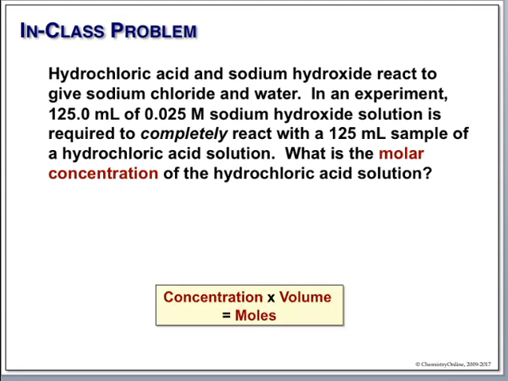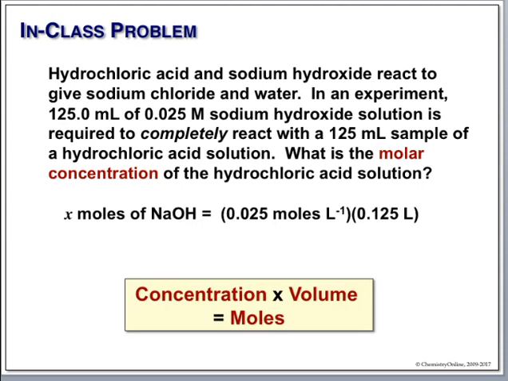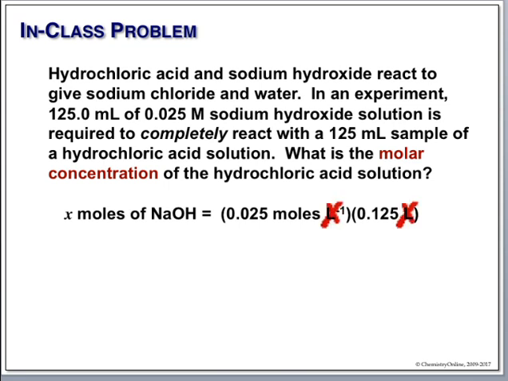The way we would do this is just remember concentration times volume is moles. So moles of sodium hydroxide, concentration times volume. Liters go away, and that's how many moles we have.